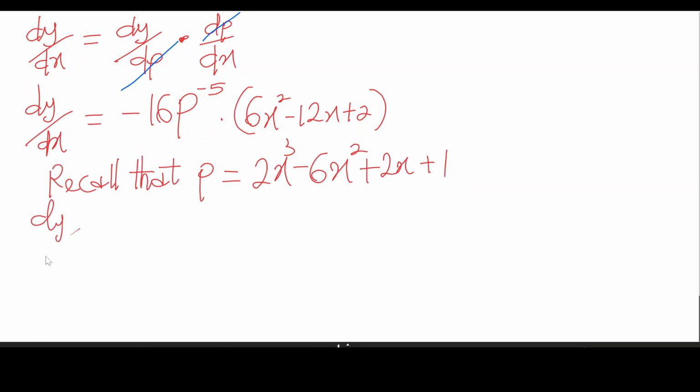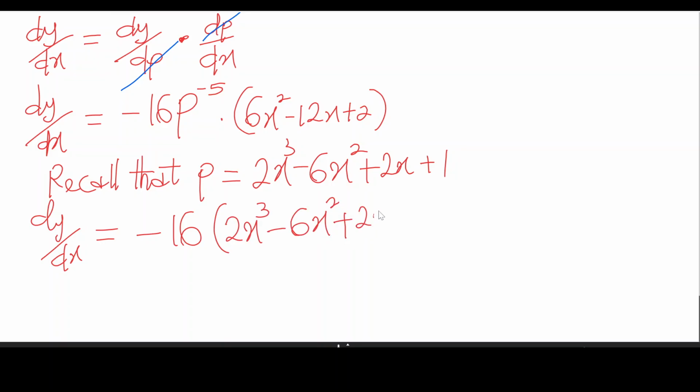So dy/dx equals negative 16, then multiplying (2x cubed minus 6x squared plus 2x plus 1), then multiplying another (6x squared minus 12x plus 2), with the power of negative 5.